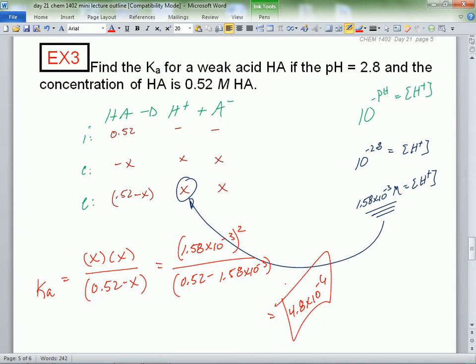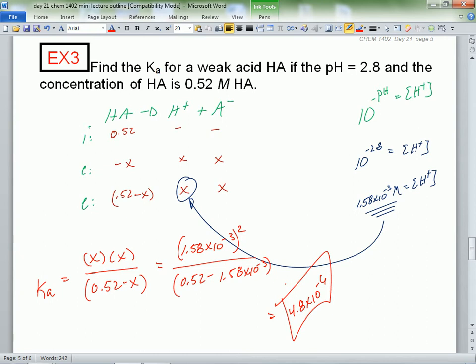So make sure this works before you go on. Is it working for you? Well, you're doing different rounding. What you can do is do all that in one big step on your calculator.